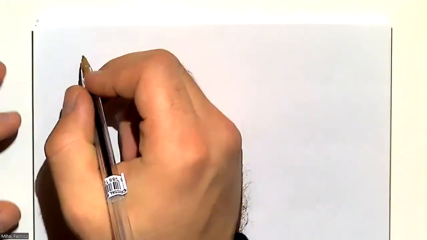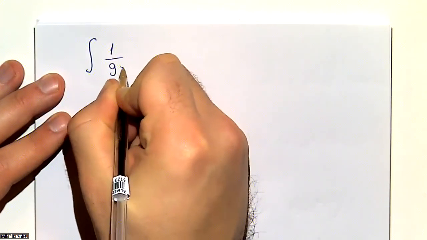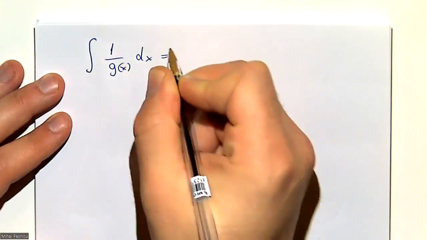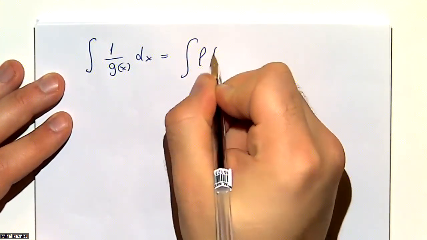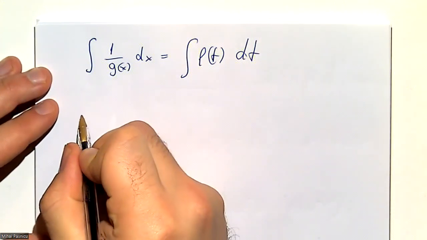Moving on. What do we have? We have the integral of 1 over g of x dx is equal to the integral of f of t dt. Just applying the definition. Now I'm replacing my stuff.